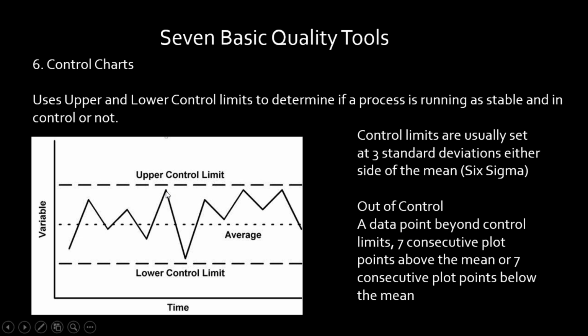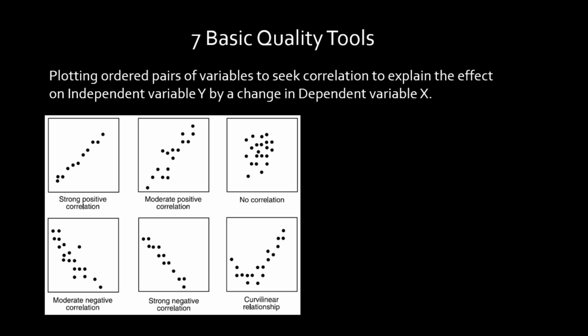So here I start counting from here, and if I get 7 points all on one side of the mean, that's also out of control. They have to go back and forth within 7 consecutive plot points. So either one data point outside of control limits, or 7 consecutive plots on one side of the mean or the other. Okay, that's the thing you need to know for the exam. All right, very simple.